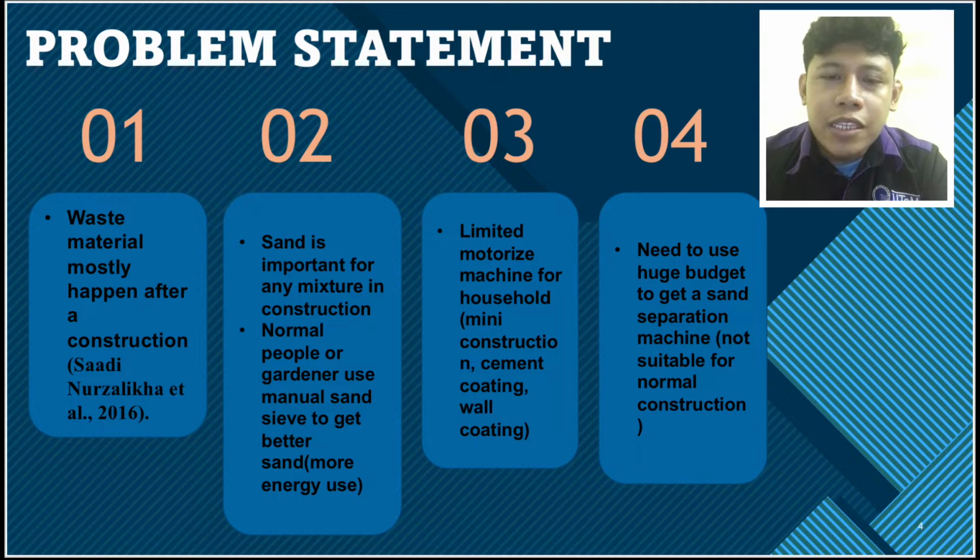Then finally, this project was created because people from the household area need to use a huge budget to get a sand separation machine, so it was not suitable for normal or mini construction such as that already stated above, like cement coating, wall coating, and other mini construction.